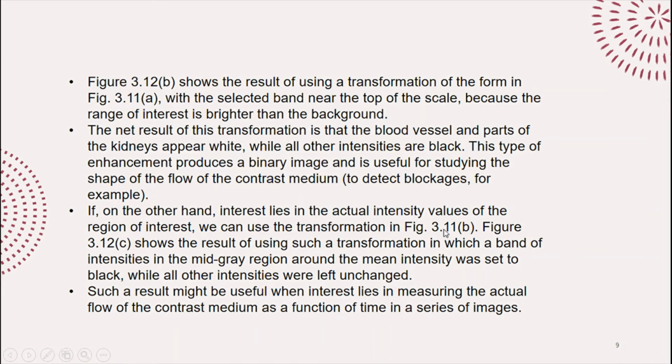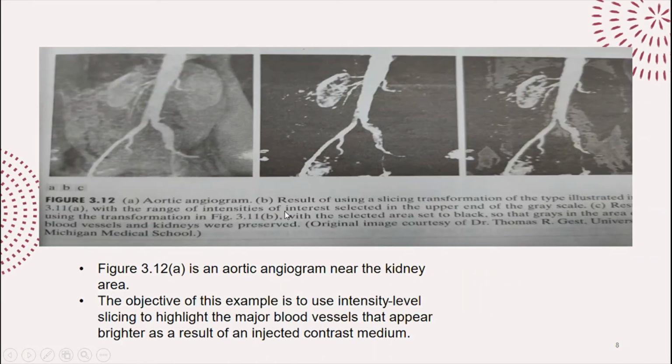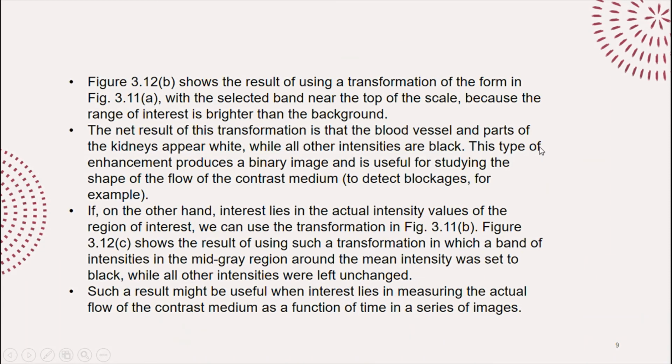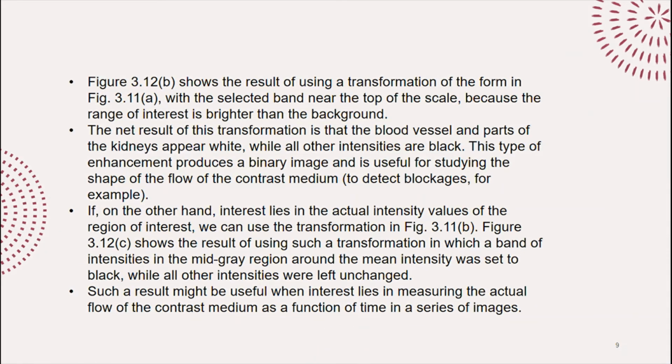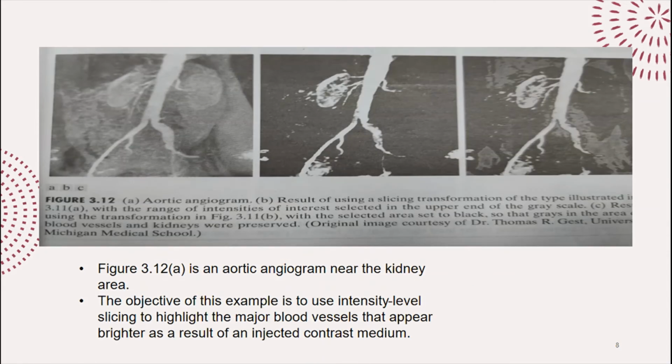Figure 3.12c shows the result of using such a transformation in which a band of intensities in the mid-gray region around the mean intensity was set to black, while other intensities were left unchanged.